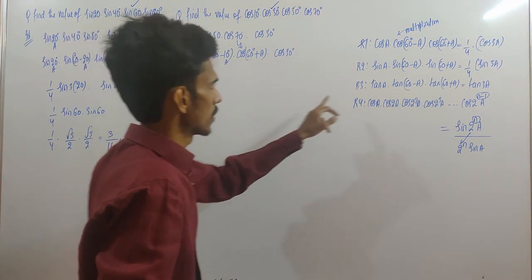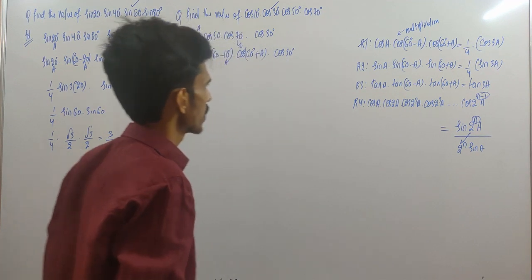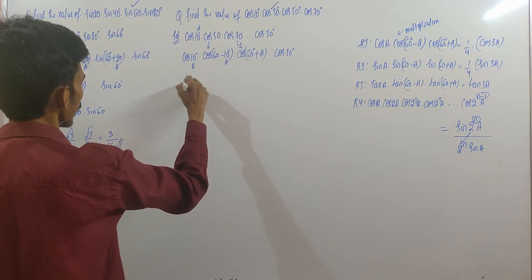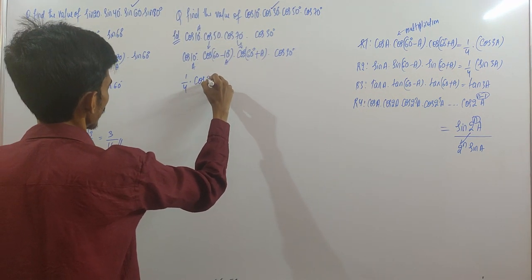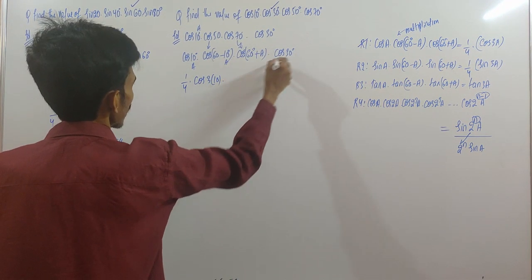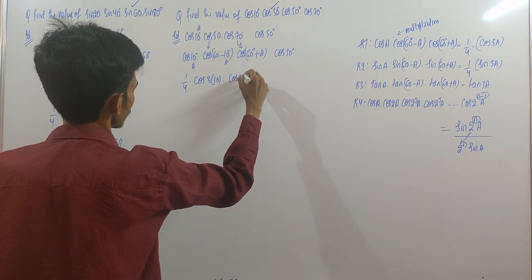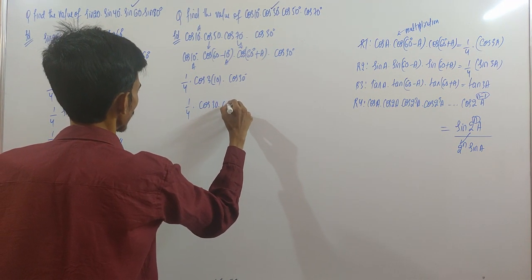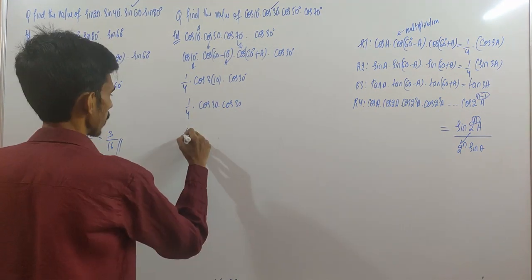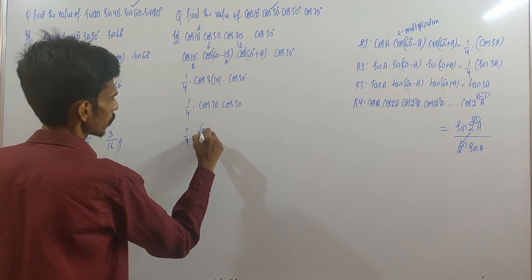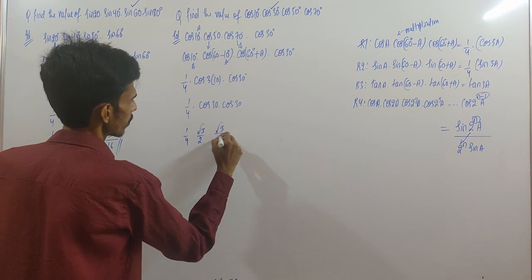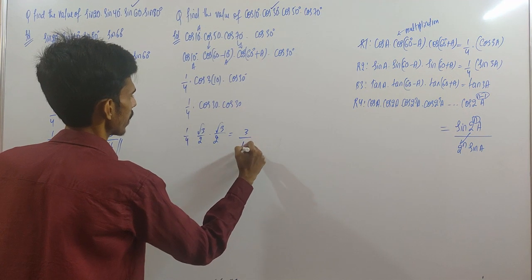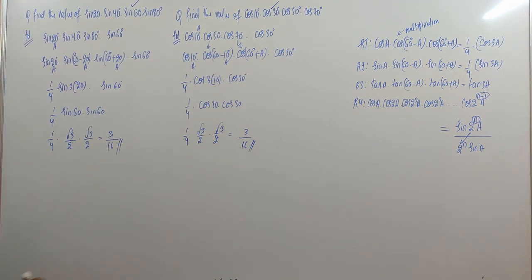Now this result is the same as here, so it will become 1 by 4 cos 3 into A, where A is 10, and the last value is cos 30. So 1 by 4 into cos 30 into cos 30. Cos 30 value is root 3 by 2 into root 3 by 2. So we have 3 divided by 16.